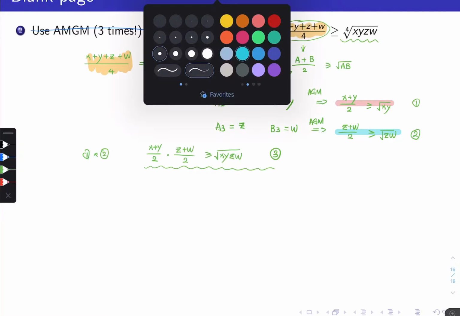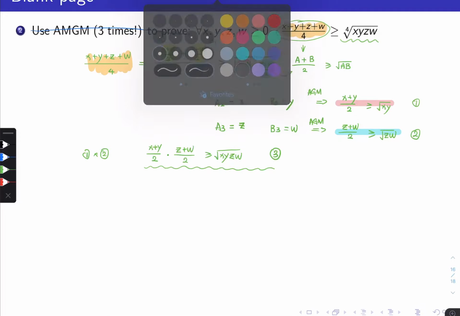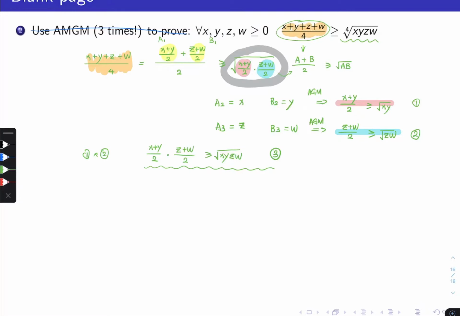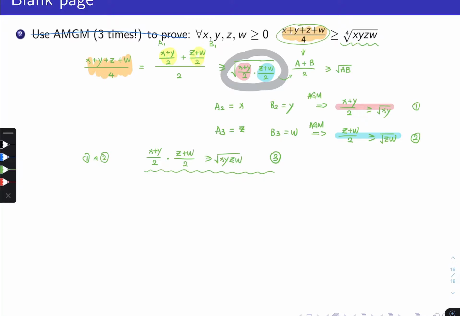Okay, I'm running out of color options. Let's call this gray part. Look at this part and the gray part over here. You can see that the only difference between those two is that taking the square root of 3 will give you this gray part.